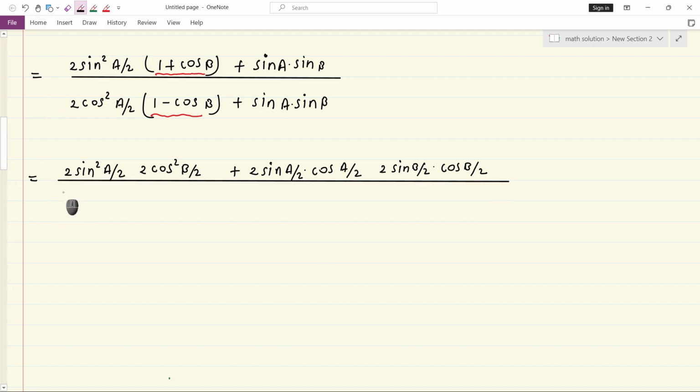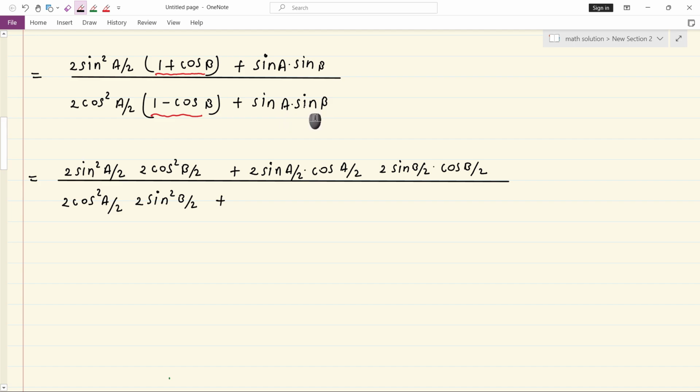Similarly, in the denominator also, what are we going to write? 2 cos square A by 2. In place of 1 minus cos B, we are going to write 2 sine square B by 2, plus in this term, the same thing with sine A. In place of sine A, we are going to write 2 sine A by 2 cos A by 2.